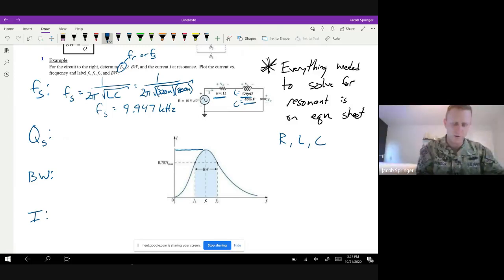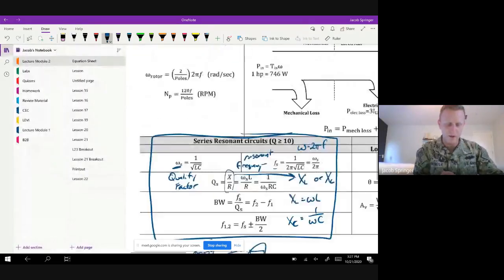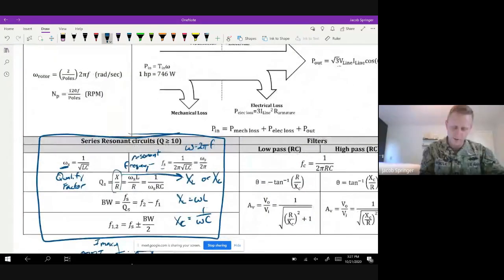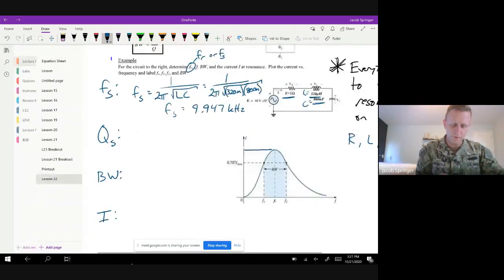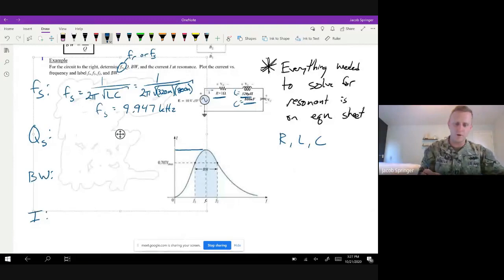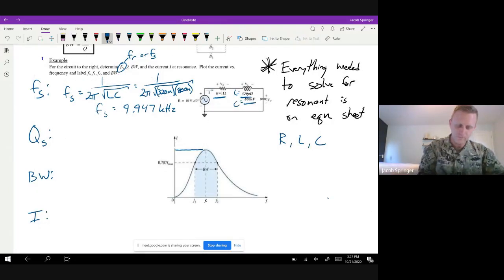All right, so then the quality factor, if I'm looking back at my equation sheet, I said the quality factor here is X over R, omega L over R. Well, which ones of these do I know in order to solve for this? I'm not a fan of the plug and play, but this is a case where oftentimes we can just look at which formulas we know and which ones we don't and solve for it.